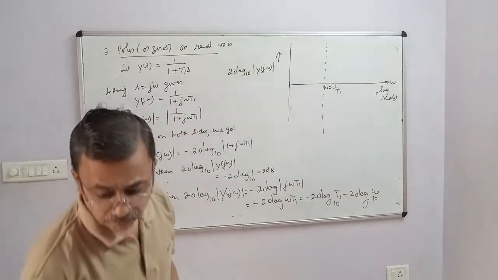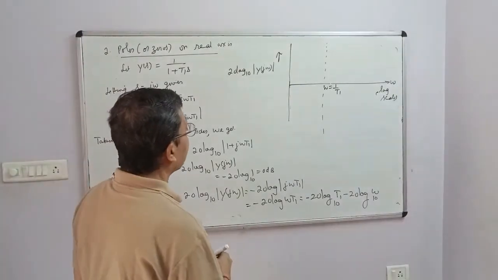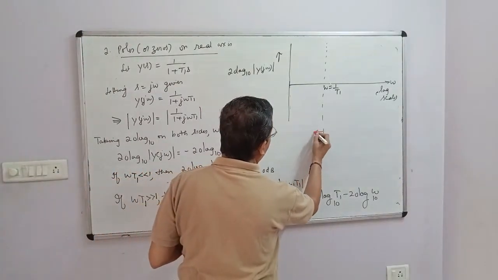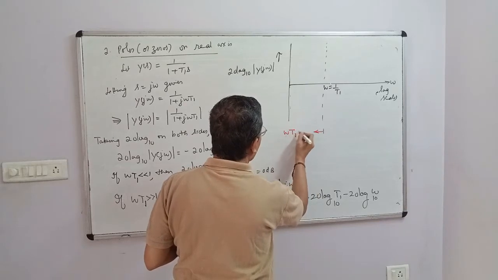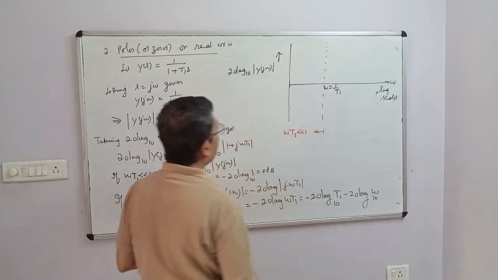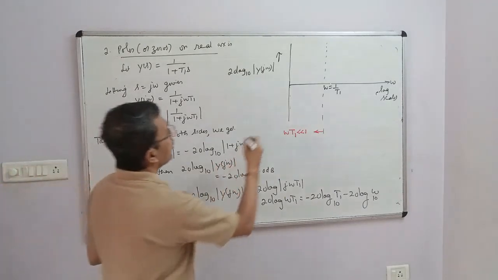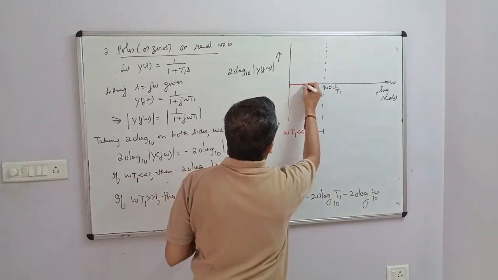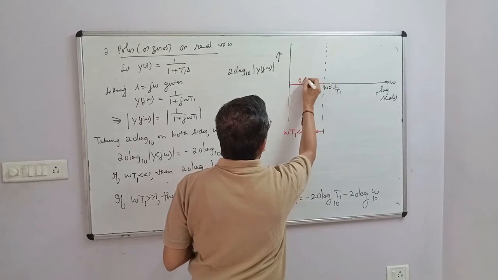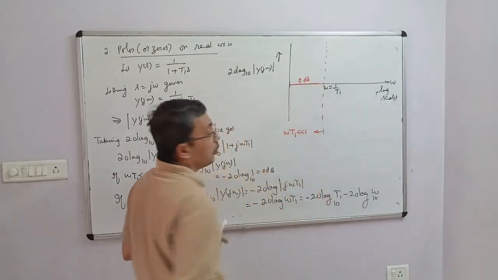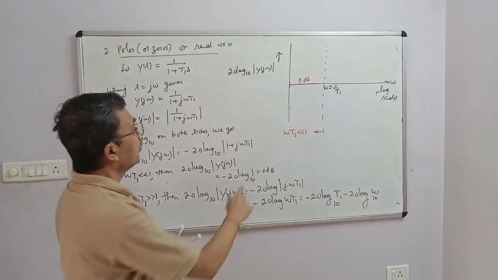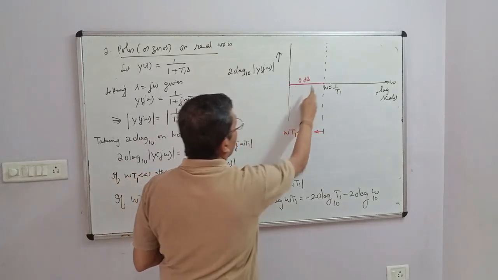So that means for omega less than 1 by T1, meaning left of this dotted line, omega T1 is very much less than 1. When omega T1 is very much less than 1, you get a straight line of magnitude 0 dB. This is called asymptotic approximation. This is called low frequency asymptote.